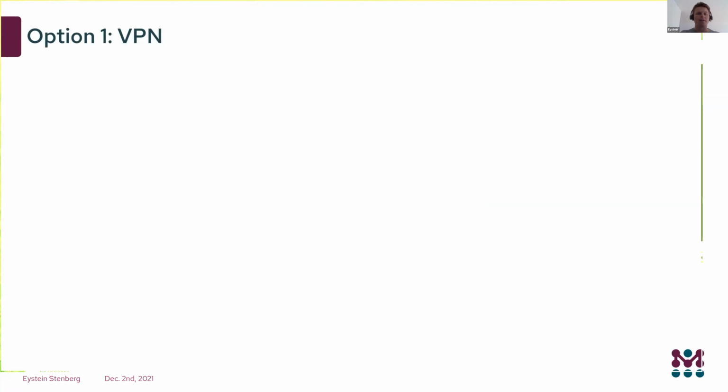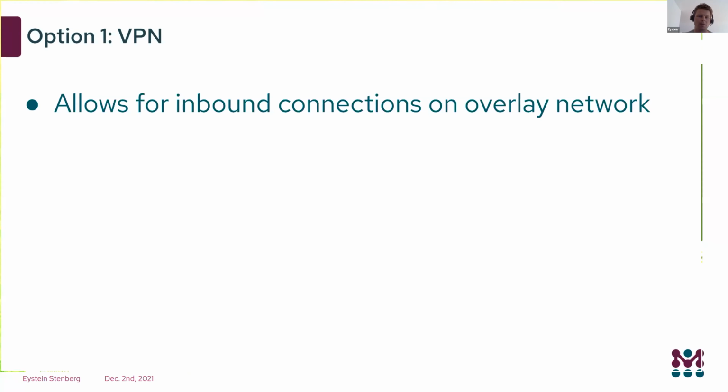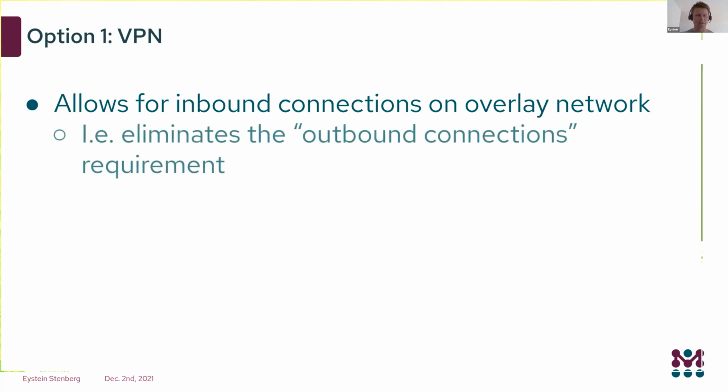So if we look at the VPN option first, as you probably already know, this allows for inbound connection on an overlay network. So it creates a network on top of the network you have, that allows inbound connections.